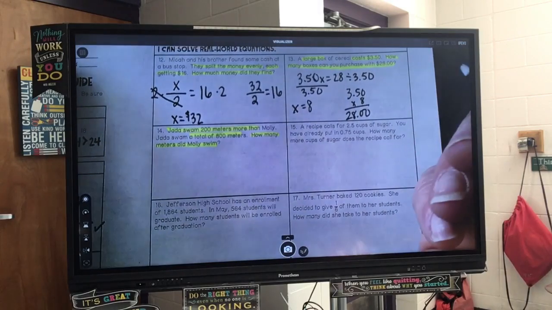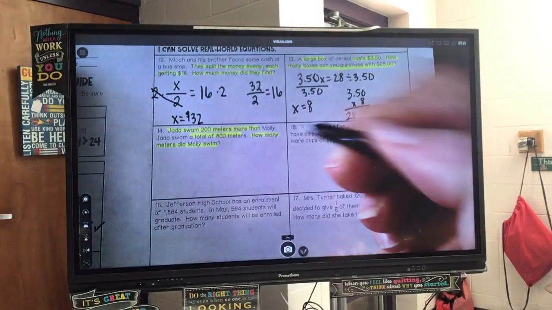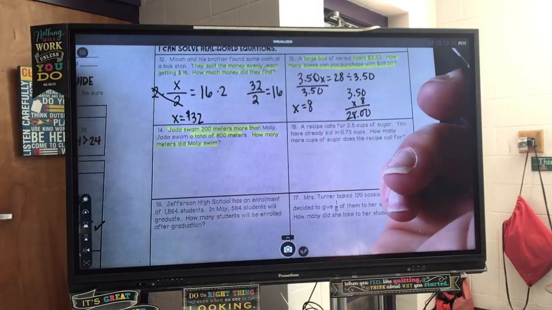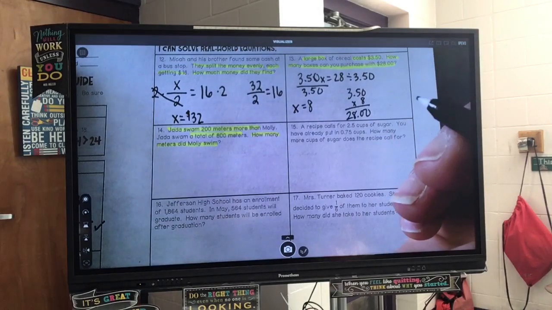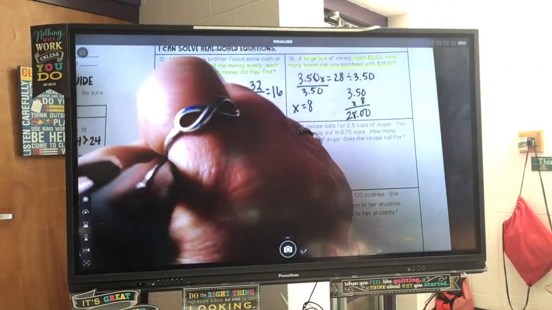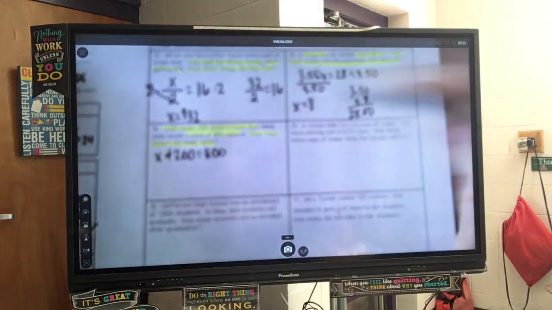It's like our equation is 800 minus 200. No, X plus 200 equals 800, that's how you solve it. And then what do we do here?